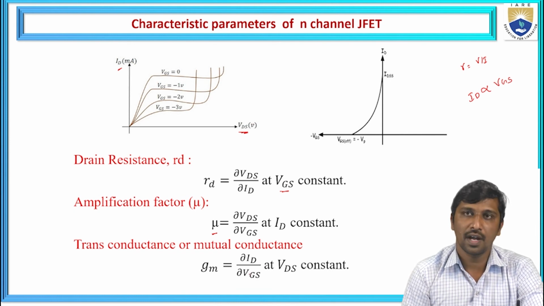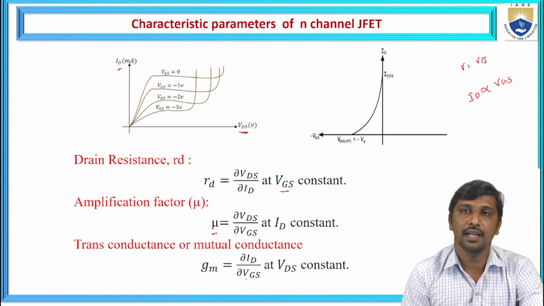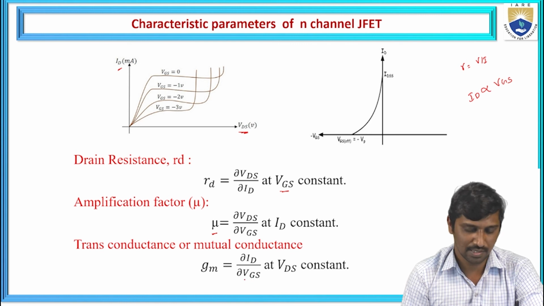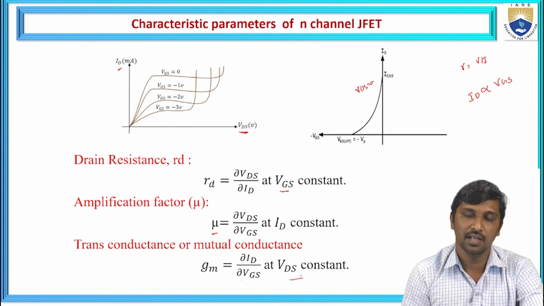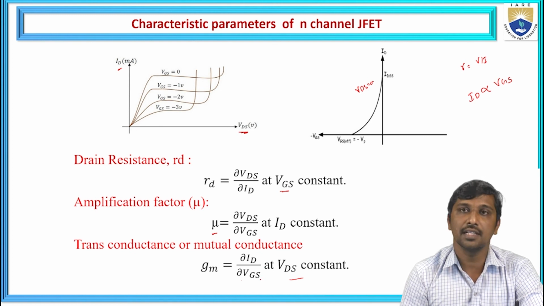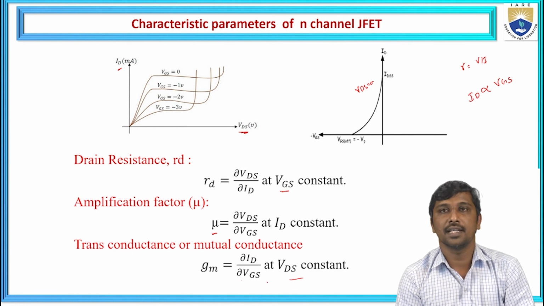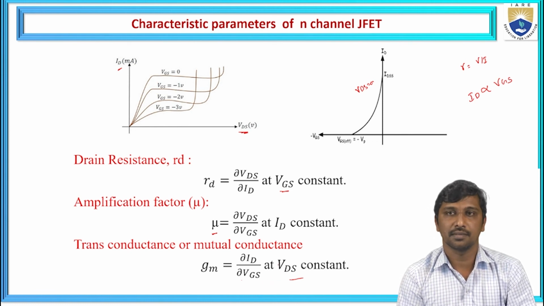Hence, we need to find the rate of change of drain current with the rate of change of the biasing voltage between the gate and the source. It is represented as dou ID by dou VGS, keeping VDS constant in this transfer characteristic. Hence, at a particular drain to source voltage, we identify how the drain current is controlled with a variation of gate to source voltage. That is nothing but the transconductance or mutual conductance.